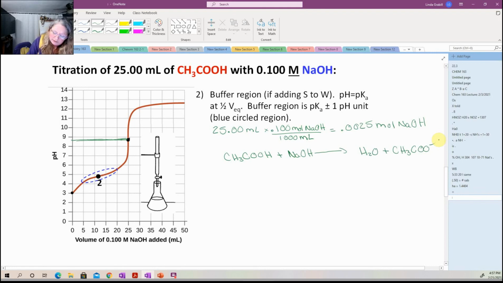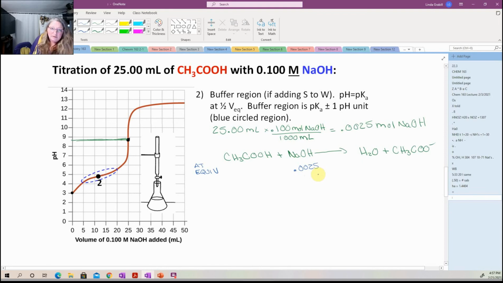So what do I know? Well, at equivalence, I have 0.0025 moles of my sodium hydroxide. Wasn't this a 1-to-1?